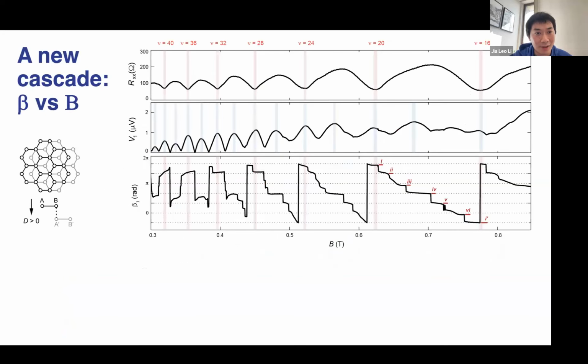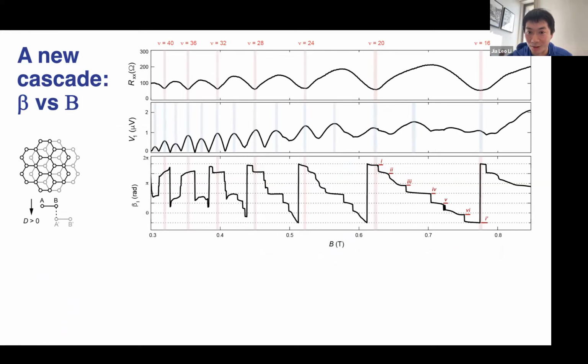There's an even more striking phenomenon where we measure both in Bernal bilayer and twisted trilayer that if you just look at the bottom panel, this is mirror plane direction as a function of B, right? And in this region, this is within presumably one Landau level, or Landau filling of 4 difference. There's a cascade of plateaus, and within this one Landau level, there are 6 plateaus, right? Each plateau is separated by 60 degrees.